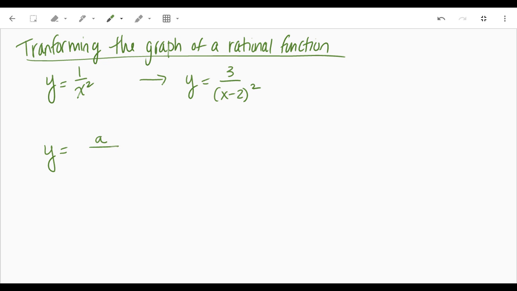If we have a over (x minus h) squared plus k, when we multiply that expression by a, that's a stretch factor. When we replace x with x minus h, it moves to the right. If we add k, it moves up.